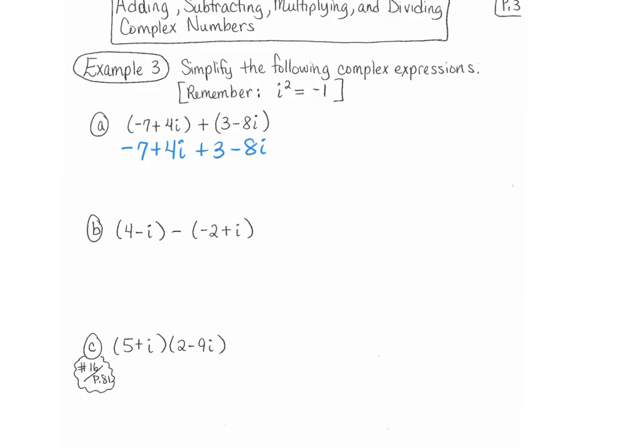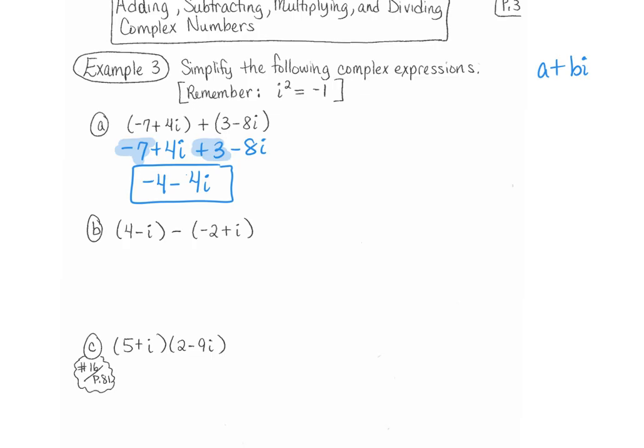Then we're going to combine like terms. -7 plus 3 is -4. 4i minus 8i is negative what? -4i. Good. And that's in standard form. So we're making sure that our final answers are in standard form, a plus bi. So -4 minus 4i. Okay, good.